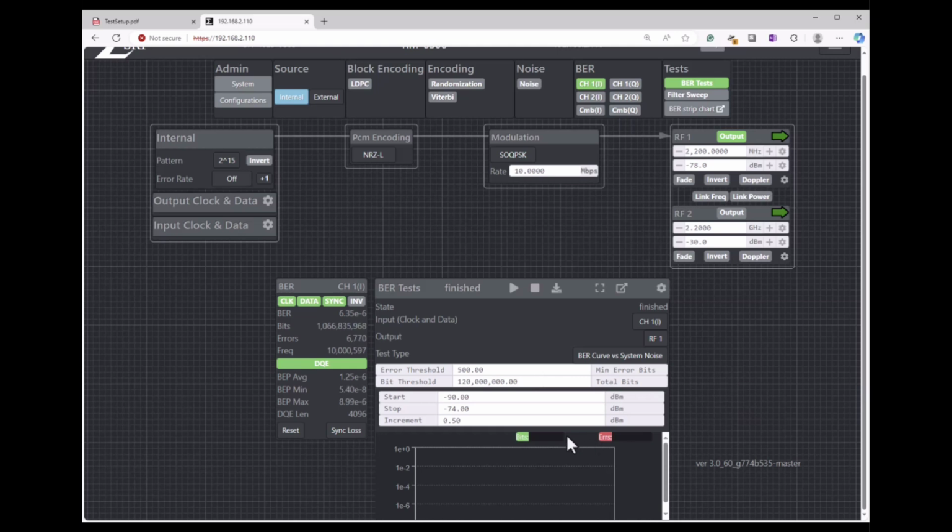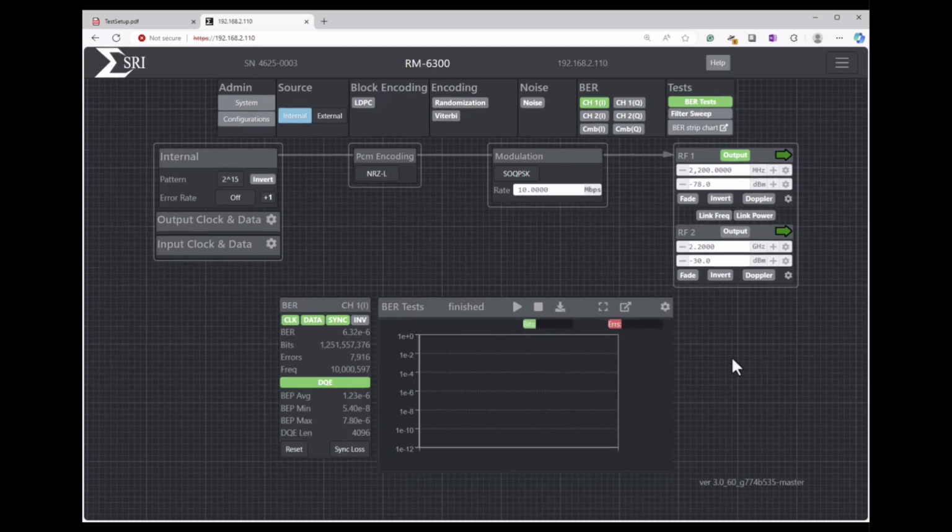For this test, we're starting at minus 90 dBm, a lower signal level, and we're stopping at minus 74, a higher signal level, and we're taking measurements every half dB. So we'll come back to our graph and we will begin running our test.